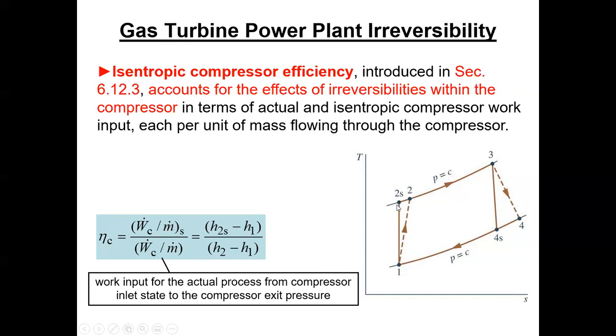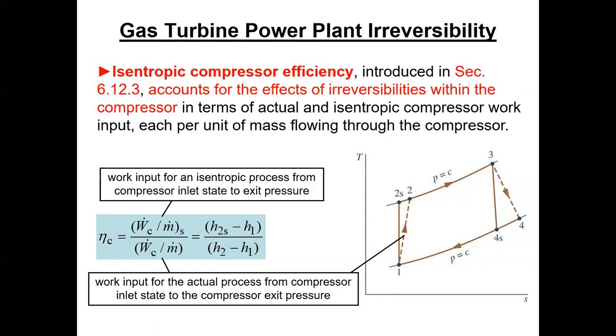So it goes up to 2s, and so that would be this H2s minus H1, and they turn this around so it'll be positive, because these numbers up here are bigger than this number down here. It doesn't matter. You can write the H1 first if you want to. Then you get two minus signs and they cancel. Okay, and so that's the actual. There's the isentropic, and there's the isentropic.